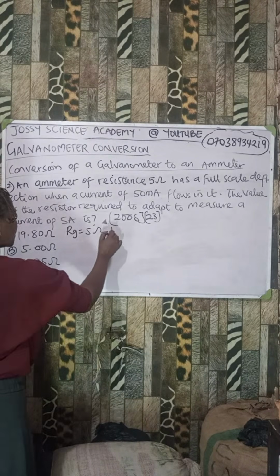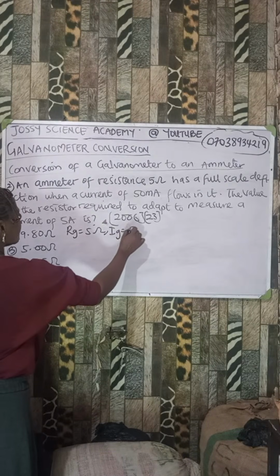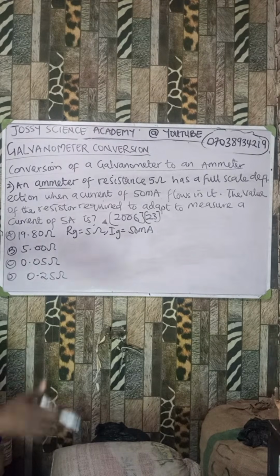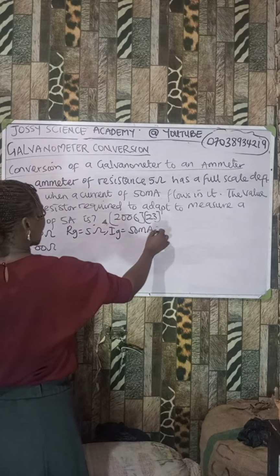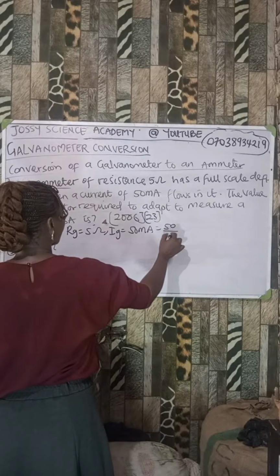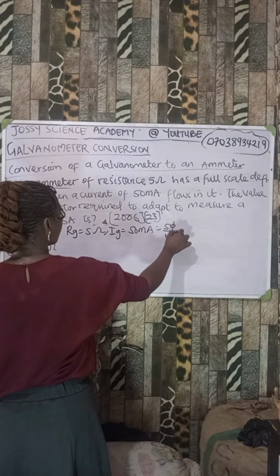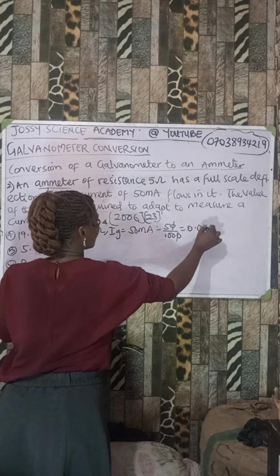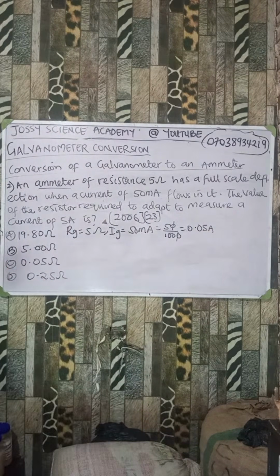So the current of the galvanometer is 50 milliamperes. We already know what 50 milliamperes is: 50 divided by 1000. So he gave us 0.05 amperes, right? The value of the resistance required to adapt to measure a current of 5 amperes.